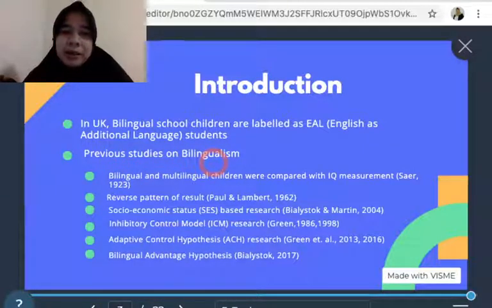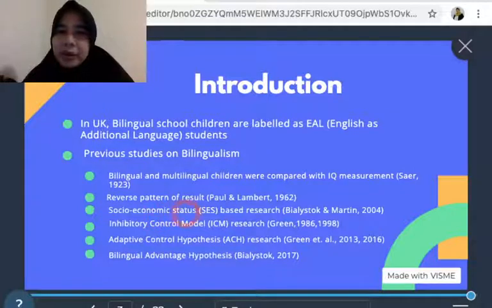Bilingual research started in 1922 and 1923. It was about bilingual and multilingual children, who were compared using IQ measurement. The result of this study was that bilingual and multilingual children ranked lower in IQ scores than monolingual speakers. But on the other hand, in 1962, the results were reversed. It means that bilingual speakers had a higher IQ score than monolingual speakers.